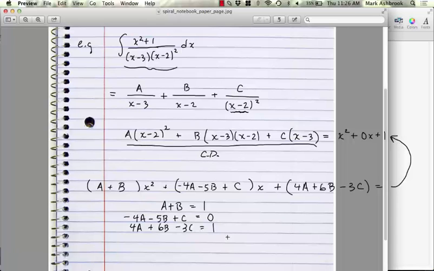Here we already have c eliminated, so we could combine the second 2 equations to eliminate c, and we have a new equation of a and b that we could combine with this one and solve for a and b. So what could we do to eliminate c in the second 2 equations?